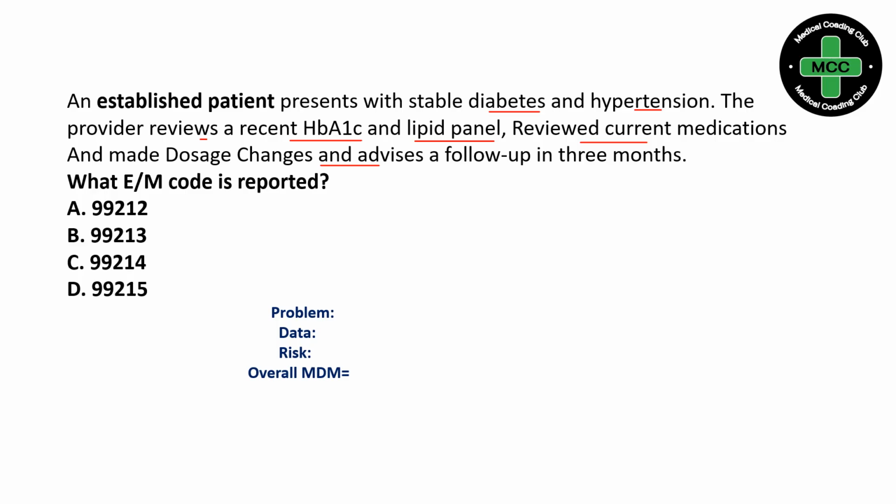Okay, so now if you look at it, the patient is established and presents with stable diabetes and hypertension. Both are chronic conditions, but they are stable. So you should know that stable diabetes and hypertension, 2 plus chronic illnesses, will be documented at the moderate level.